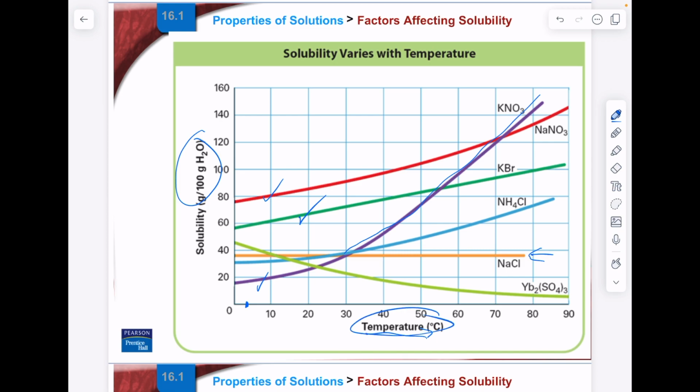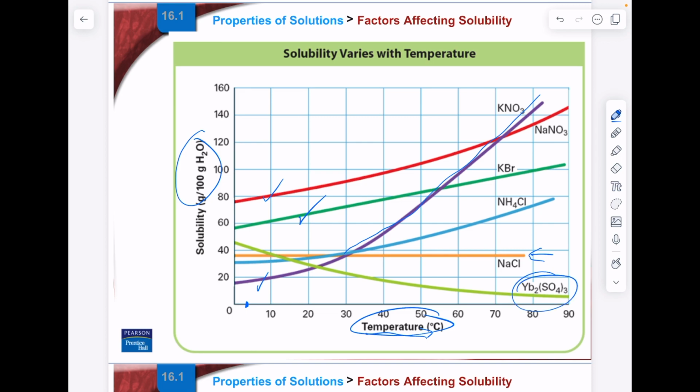For example, if you're near the Arctic Ocean or the Southern Ocean by Antarctica, less solubility of salts because it's so much colder. Also, if the ocean happens to be near the mouth of a river or near melting icebergs, it's going to be cooler there, and that's going to affect the solubility.